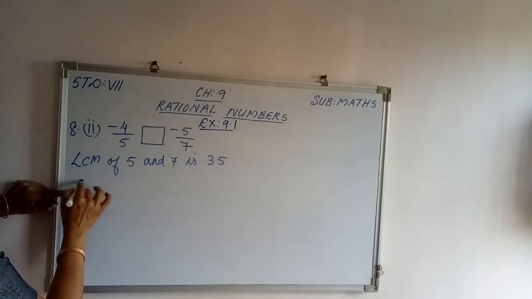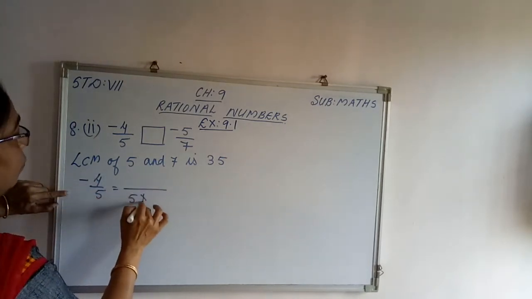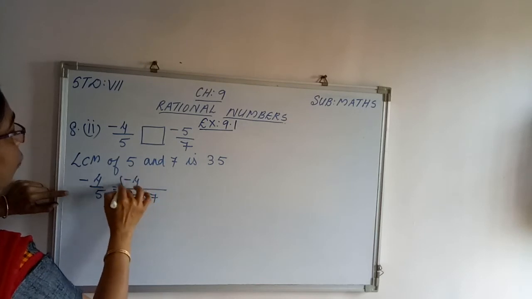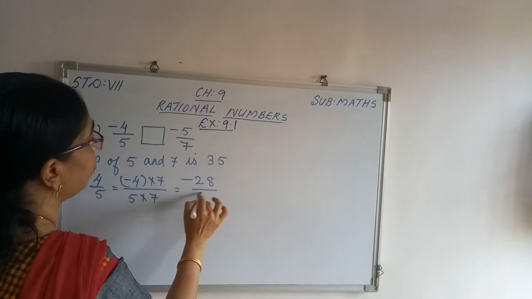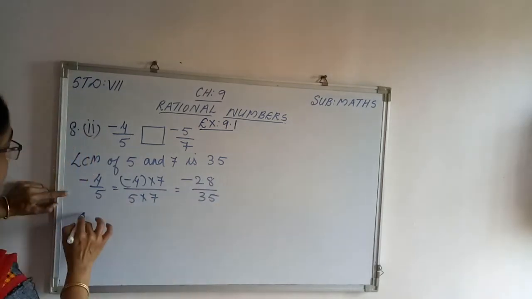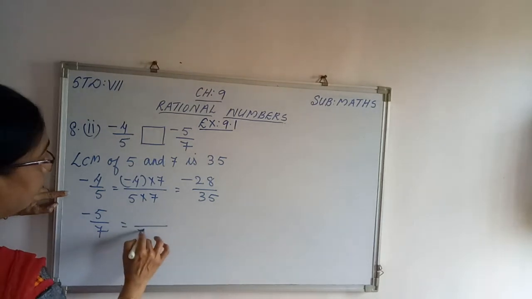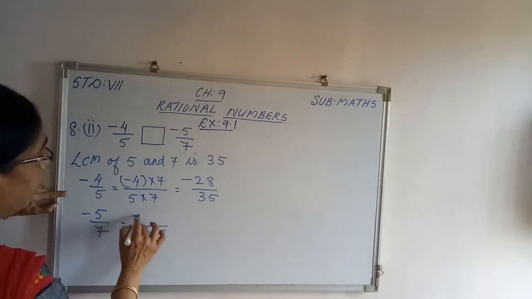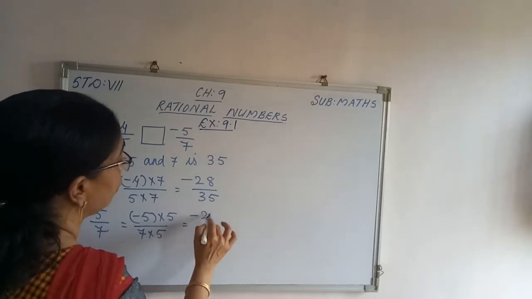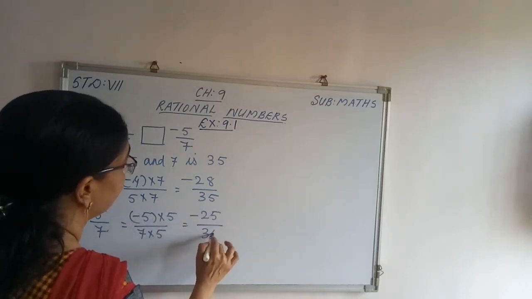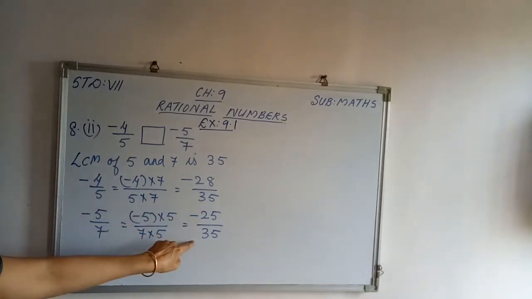Now we can write minus 4 upon 5 as minus 4 into 7 upon 5 into 7. We get minus 28 upon 35. Same way, minus 5 upon 7 can be written as minus 5 into 5 upon 7 into 5. Minus 25 upon 35. Now you see, denominators are same, 35 and 35.